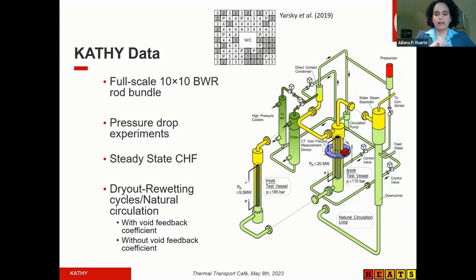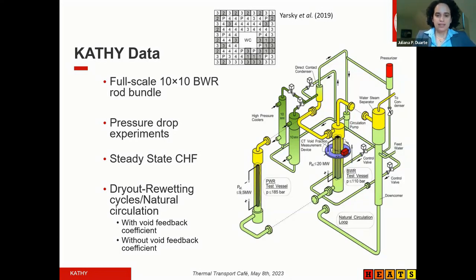So the experiments that were done in this facility were first single phase and two phase pressure drop, so we could characterize all the pressure drop of the grid spacers and the pressure drops in the channel and in the whole test section.